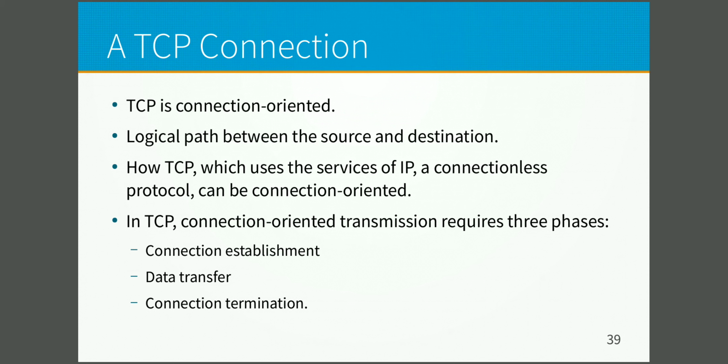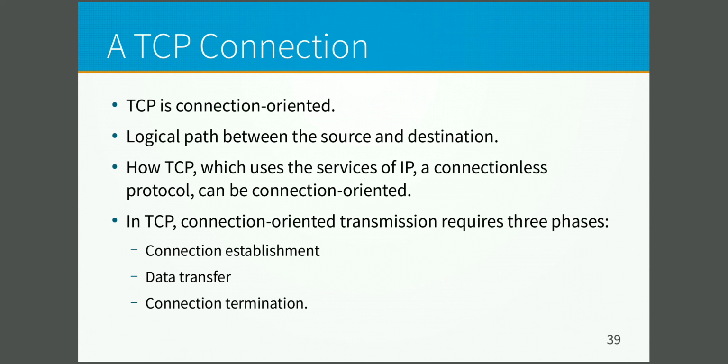In the case of TCP, what happens is TCP works at a higher level. Here TCP makes use of the services of IP, but in addition to that, it provides additional features. Suppose, for example, it finds that a certain segment has been lost during transmission.